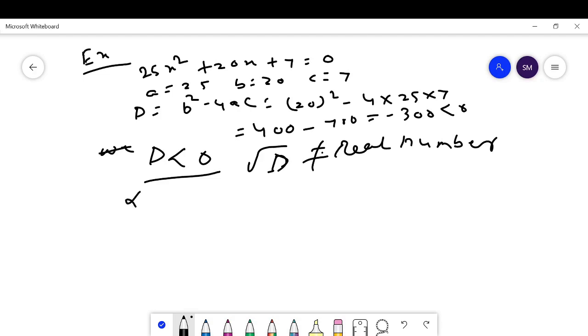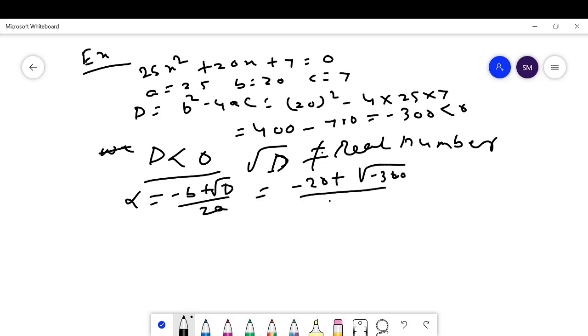Then what does the formula say? Alpha is equal to minus B plus square root of D upon 2A, which is equal to minus 20 plus square root of minus 300 upon 2 into 25, which equals minus 20 plus square root of minus 300 upon 50.